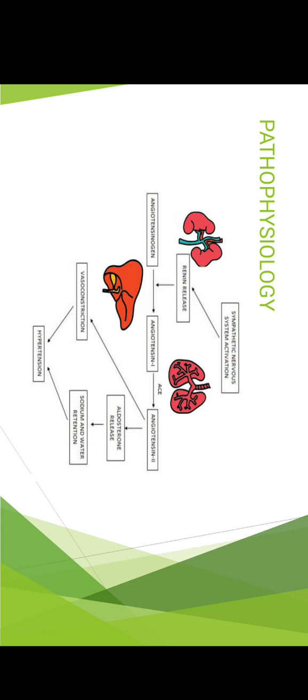For example, when there is sympathetic nervous system activation or decreased blood volume in the renal system, the juxtaglomerular cells try to increase the blood pressure.